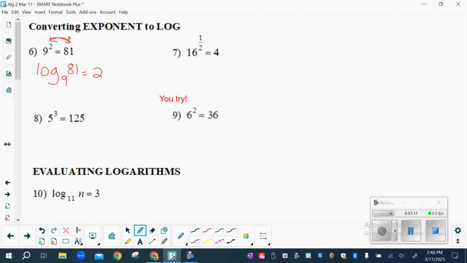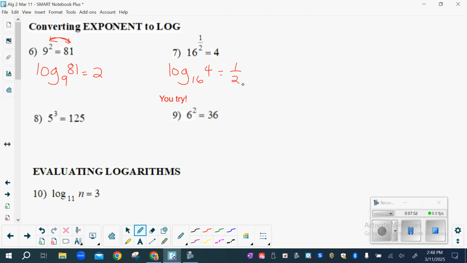Okay, so now I'm going to call in a group. Number 7, we're going to write this in log form. What's your base? Good. So it's going to be log base 16 of 4 is equal to 1/2.